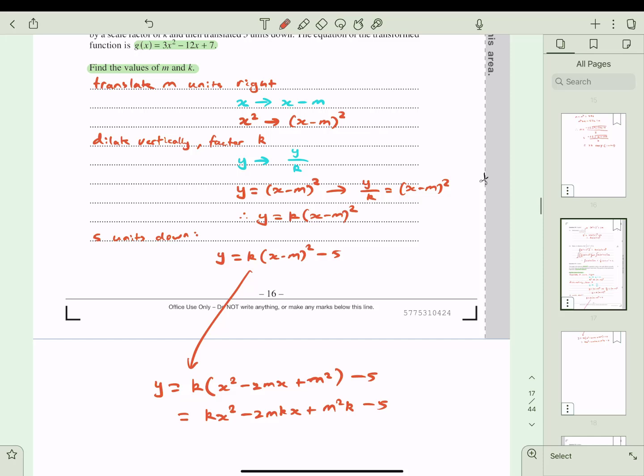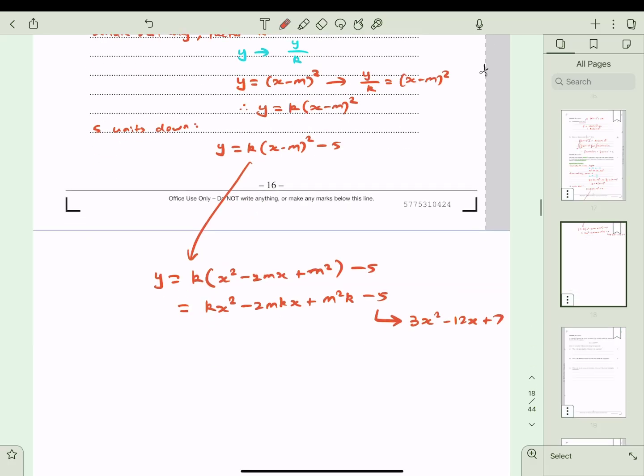We notice since this expression is meant to resemble 3x squared minus 12x plus 7, we can just equate coefficients. Okay, that's the logic we're going to use. Equate coefficients.